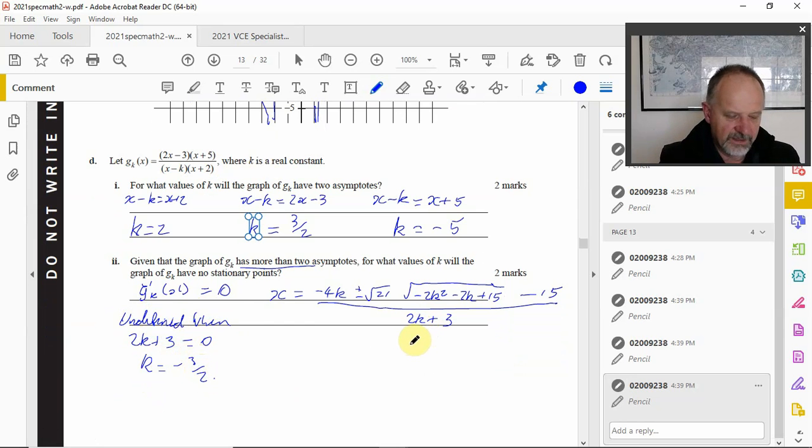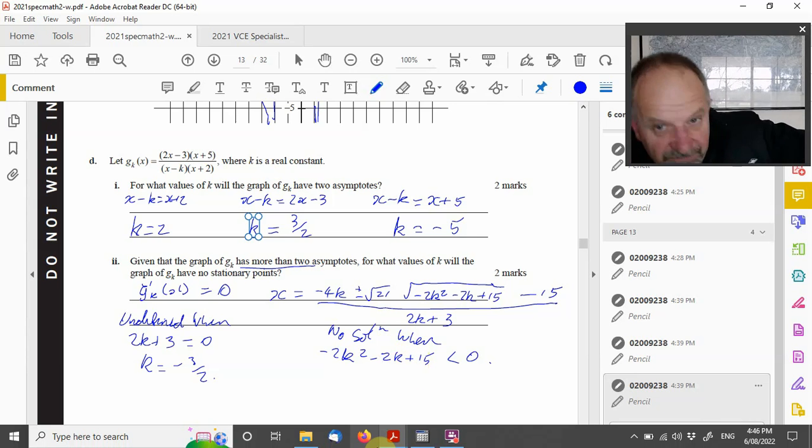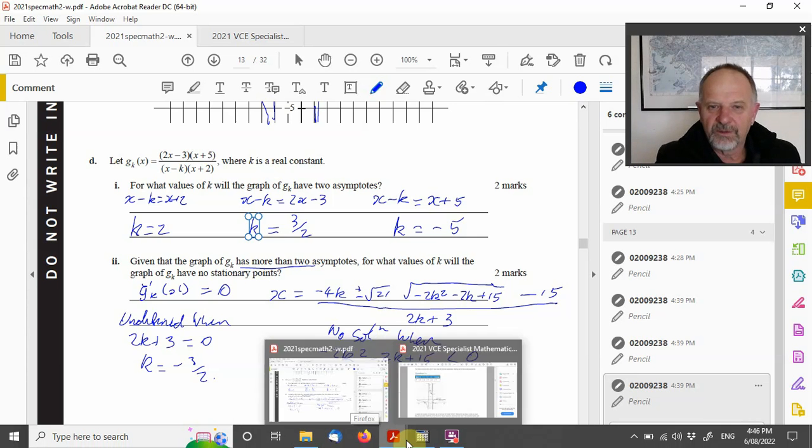And there's no solution when this square root here is less than 0, so no solution when minus 2k squared minus 7k plus 15 is less than 0. You can then graph this minus 2k squared minus 7k plus 15 on your calculator.